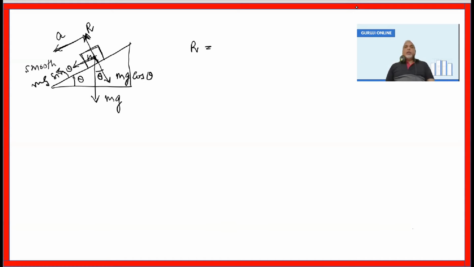And this way, R is nothing but mg cos theta, and what about this? What is the force as the block is moving with acceleration A? Means the force on the block is nothing but MA, and this must be equal to your mg sin theta.